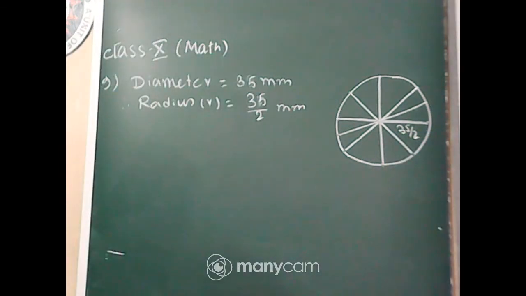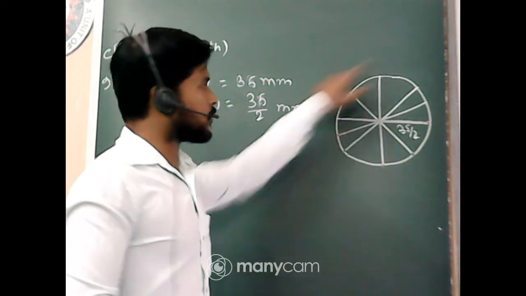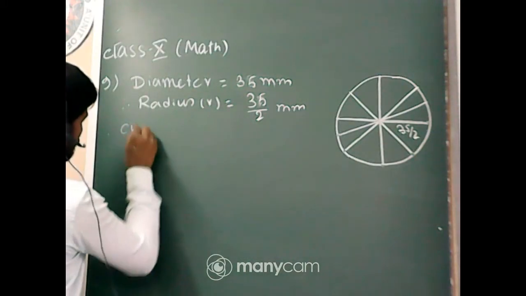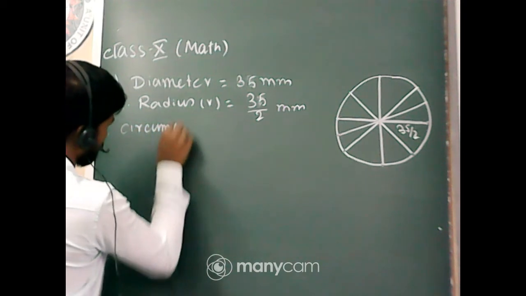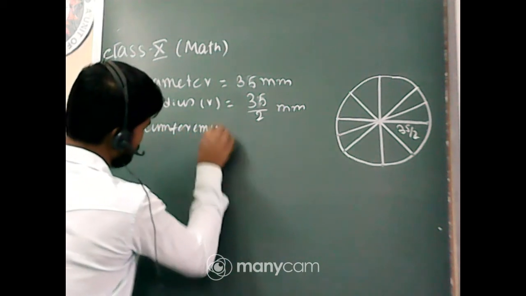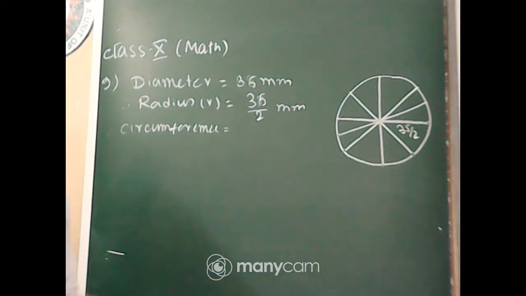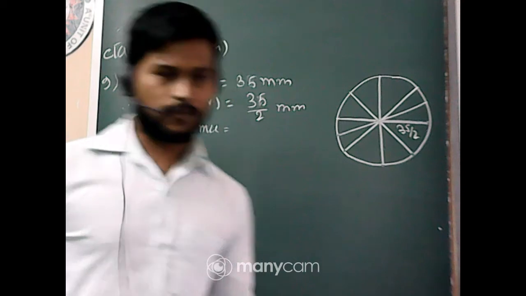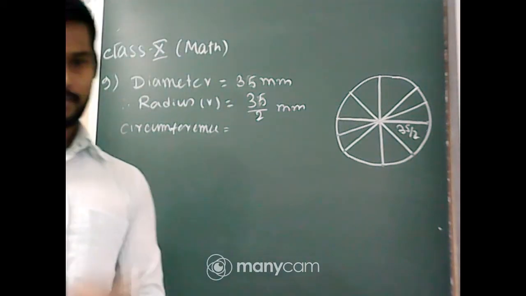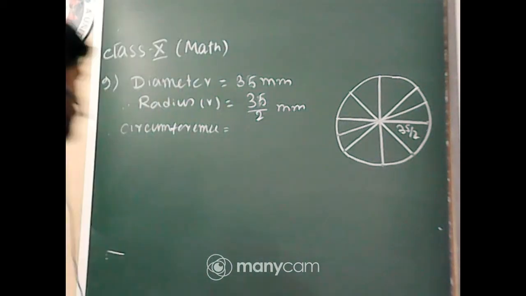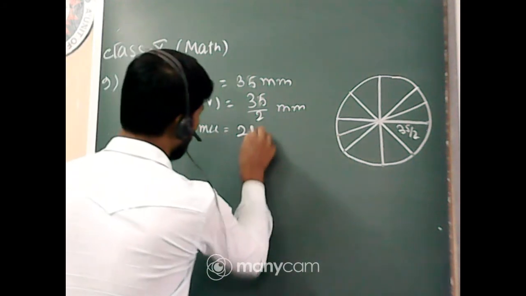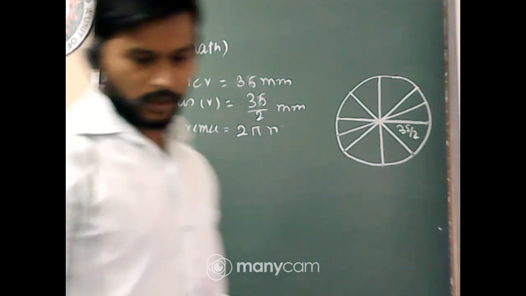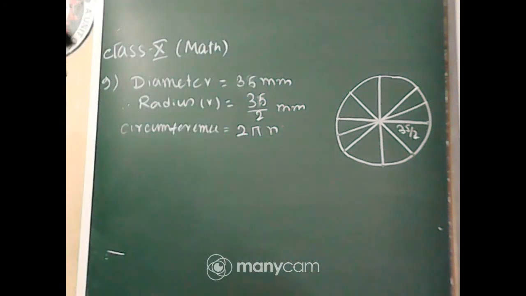Now find the total circumference of the circle. What is the formula to find the circumference of a circle? 2 pi r. Very good. Now put the value of pi and r. The value of pi is given as 22 by 7.